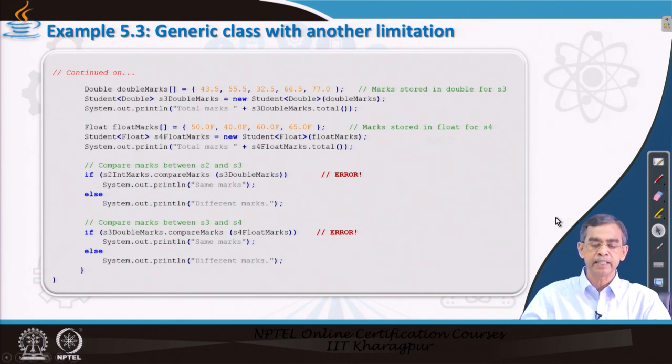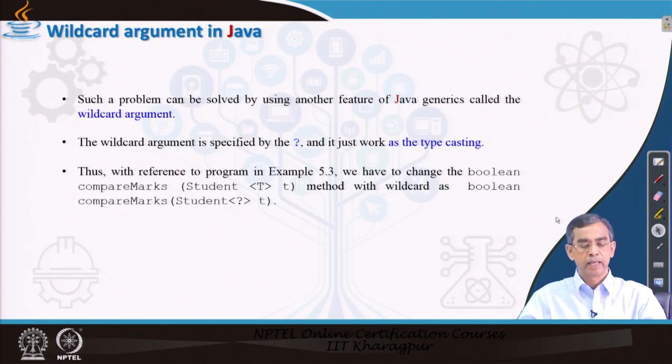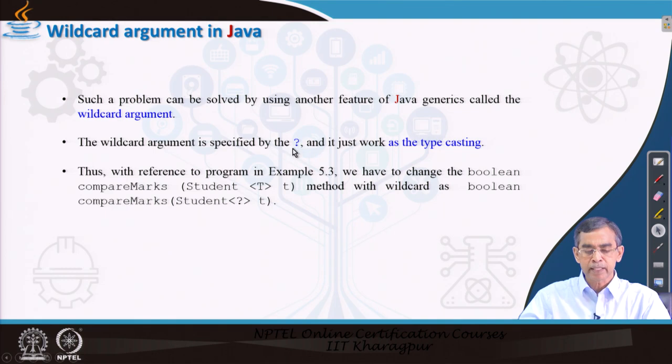The remedy is in the form of what is called the wildcard. In Java, the wildcard symbol replaces T by a symbol called the interrogative symbol, the question mark. If we write it in place of T, that is the wildcard. Wildcard indicates that this works for whatever type belongs to the same category.